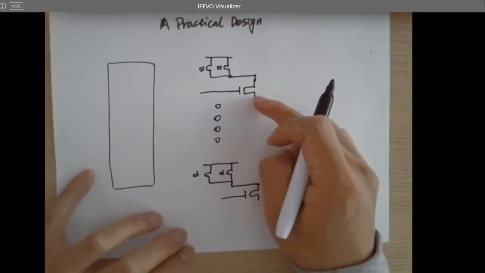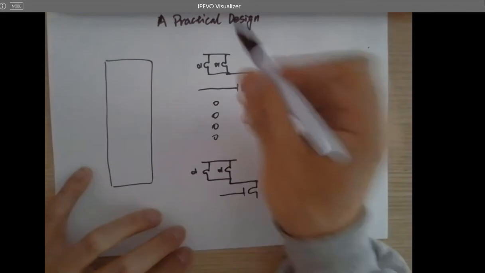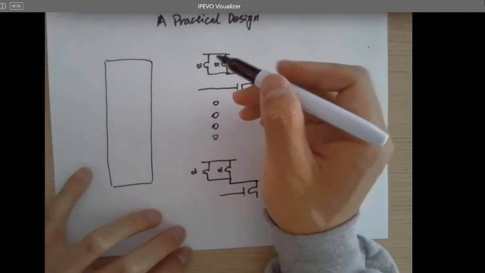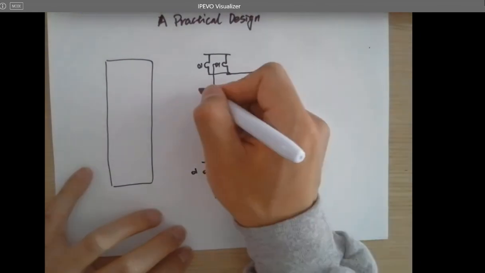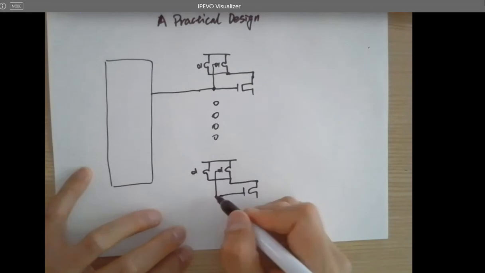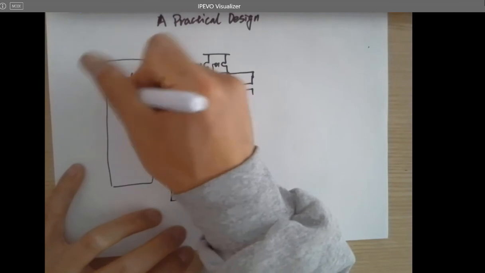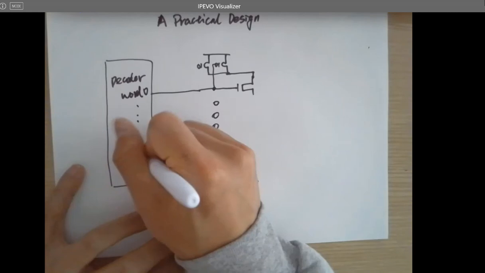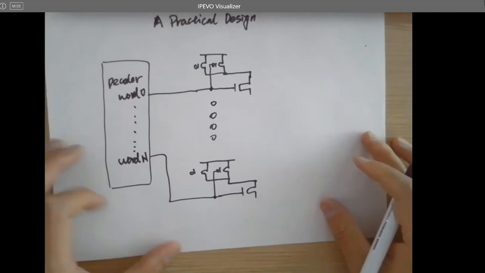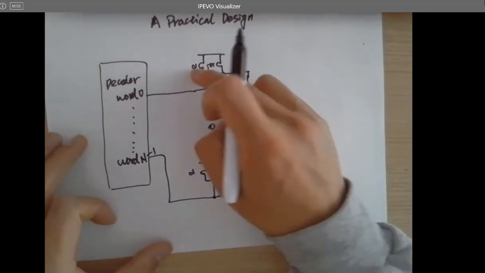It's missing one NMOS. The reason is we want to clock the bottom NMOS to control it. So these are shorted together, and these are being shorted to all the word lines in the decoder. What about the other pin?